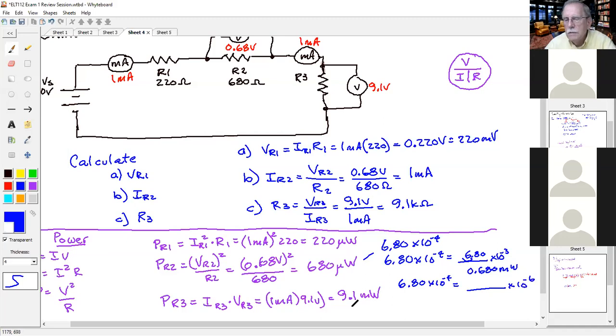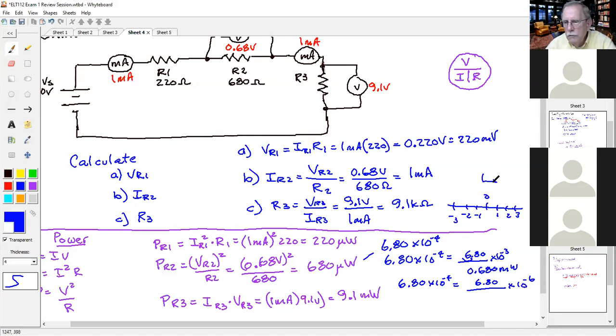Or I could do my 6.80 times 10 to the minus 4 equals what times 10 to the minus 6. So now I have my 6.80, and I'm going to a smaller prefix; 10 to the minus 6 is smaller than 10 to the minus 4. You can think about your number line if you're not sure. You've got 0 over here, 1, 2, 3, and so on, and minus 1, minus 2, minus 3.